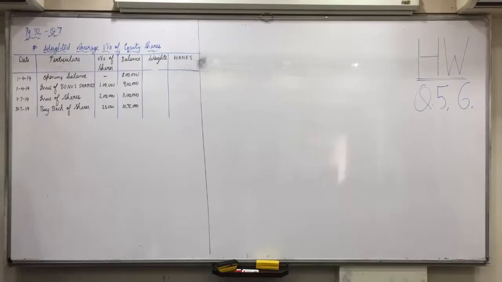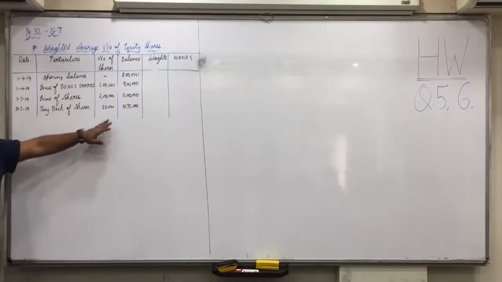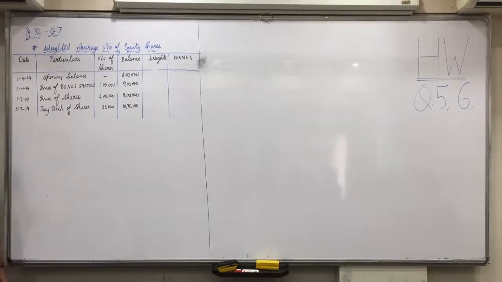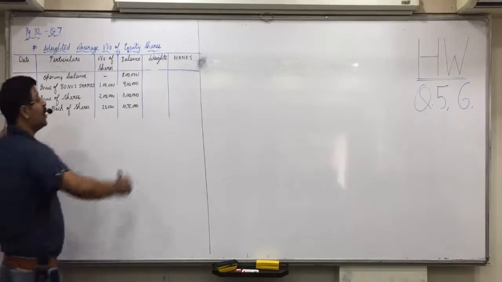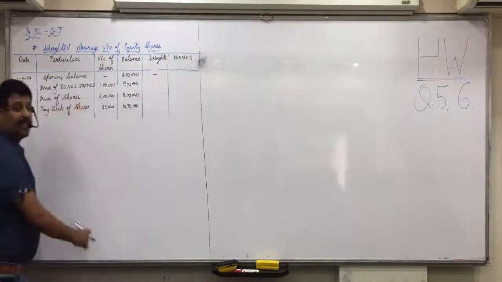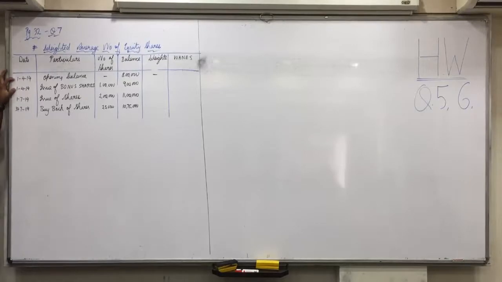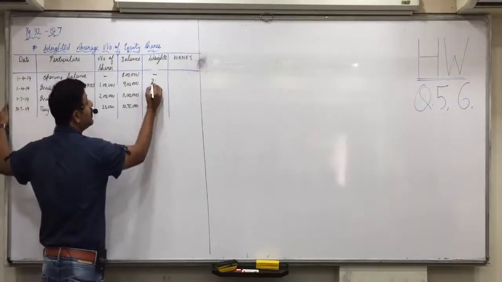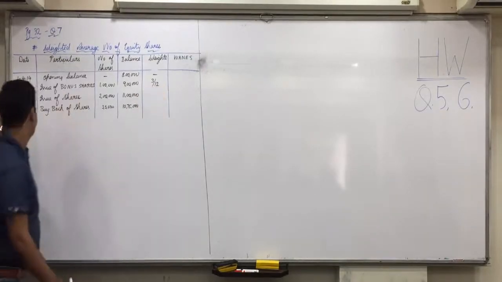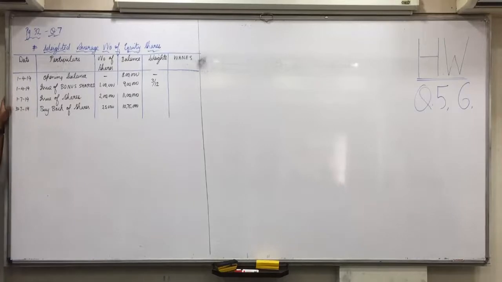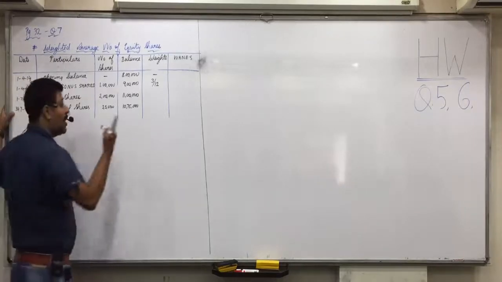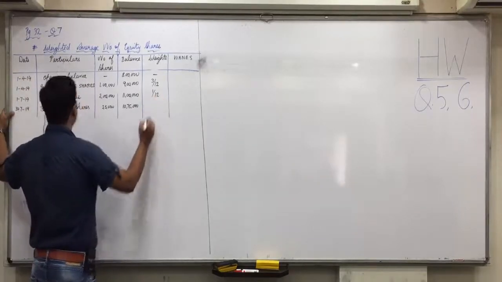Now be attentive, understand the weights. Who are still writing till balance? 1,4, no weight. 1st April to 1st April, no weight is there. Okay? 1st April to 1st July, so April, May and June, 3 months, 3 by 12. 1st July to 31st July, 1 month, 1 by 12.